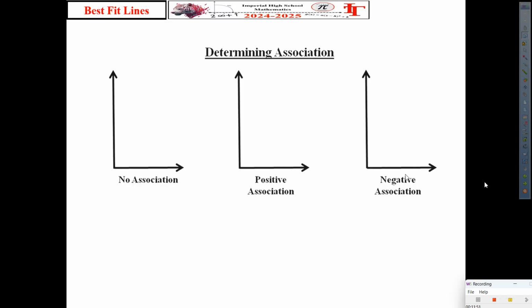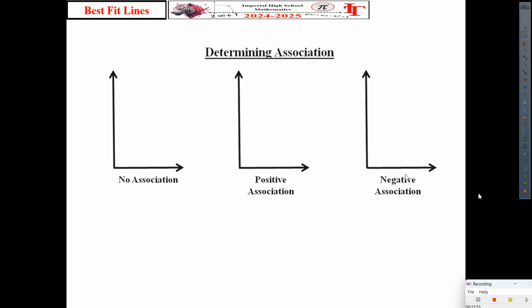So do me a favor, for this next part, writing utensils down, hands off the keyboards, eyes up here. Here it goes. It's going to go pretty fast, so stay focused. We're going to be talking about determining association of data. We're going to be graphing stuff, and all the points that we graph, they have a certain association. There's three types of association.